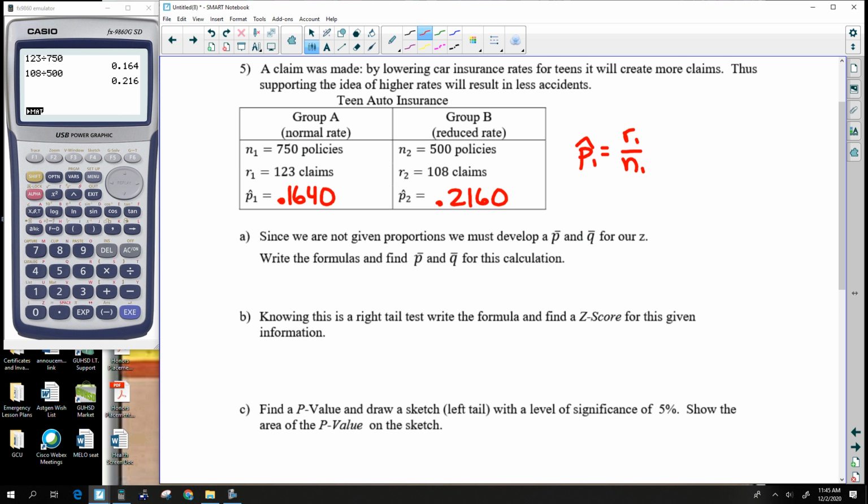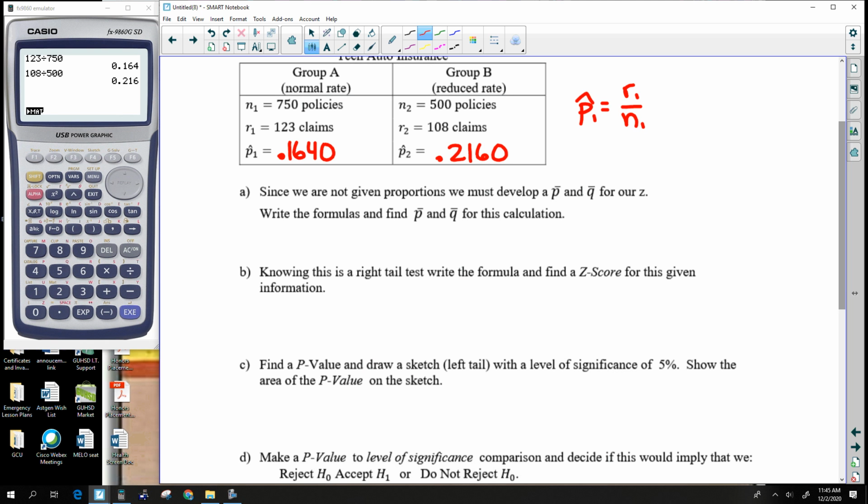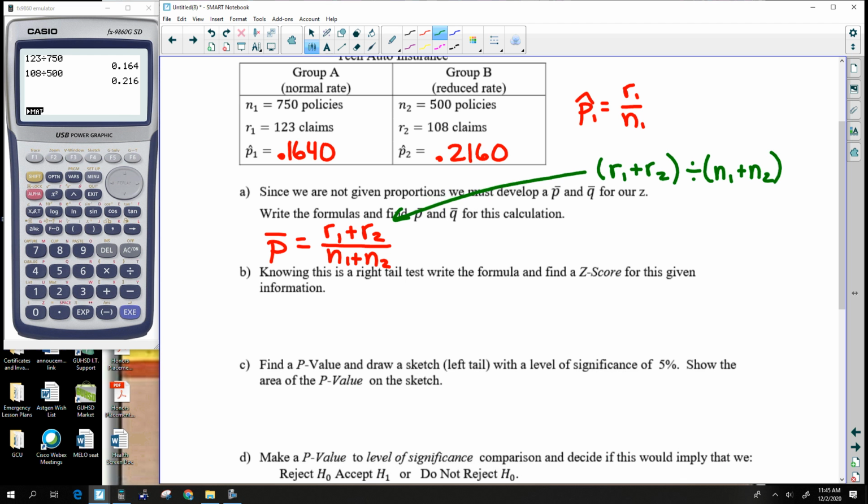All right, so now the next problem is to develop a p-bar and a q-bar. Make sure you write your formulas. So this is R1 plus R2 divided by N1 plus N2. All I do in this particular problem is make sure the top is in its own parentheses, R1 plus R2, and I divide by N1 plus N2 in its own parentheses as well.